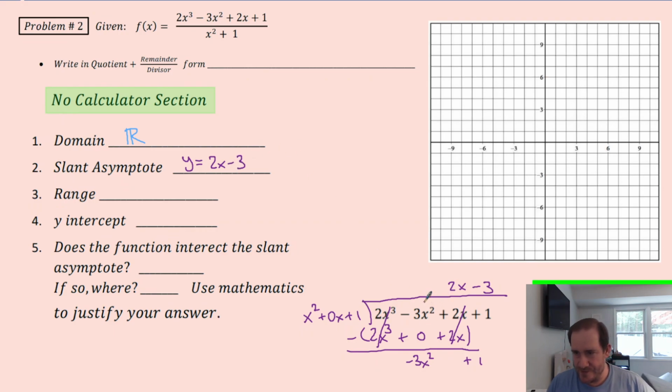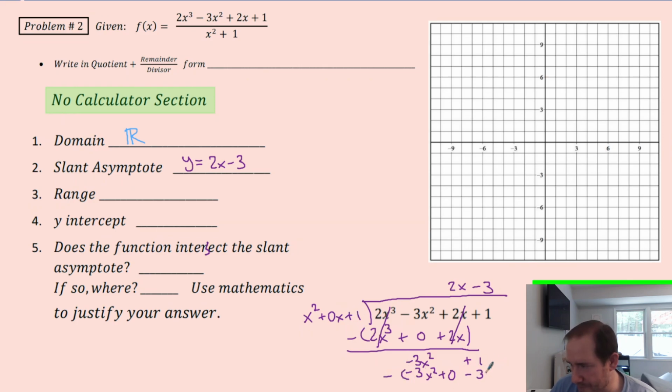But I got to imagine they're going to ask us follow-up questions. Right here it says, does the function interact? See, I didn't write this packet. It wasn't me. That's not my typo. But whatever. We better keep going because we got to actually find our remainder so that we can figure out if we cross or not. So distribute the negative 3. You get negative 3x squared plus 0 minus 3.